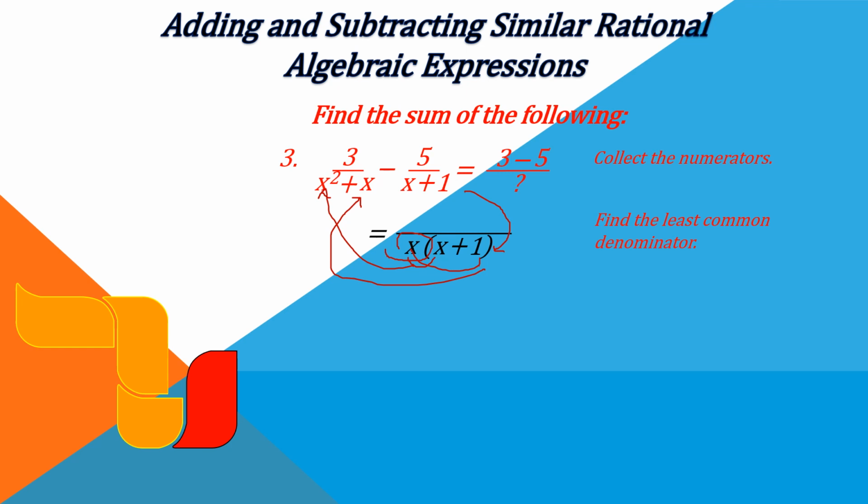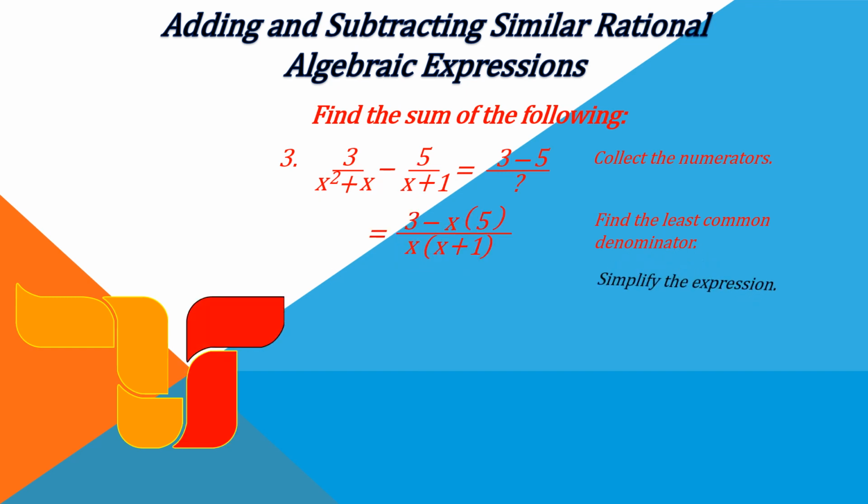And computing the numerators, since the first expression's denominator doesn't change, we just need 3, and then compute the numerators of 5 over x plus 1. So the x plus 1, we have x multiplied by 5, and it is equal to x multiplied by quantity 5.